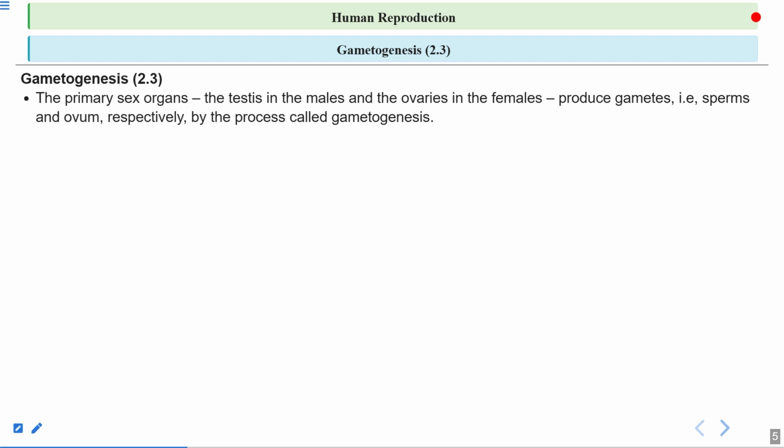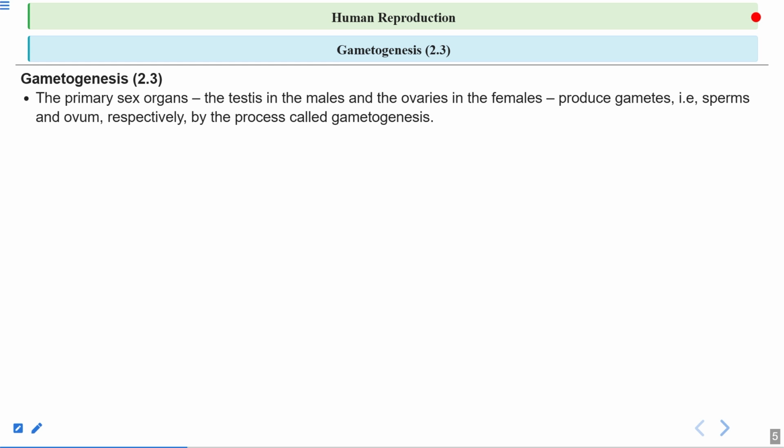The primary sex organ in males is the testes. There is a pair of testes in males, present in the scrotum. Why are the testes present in the scrotum? Because in the scrotum, a temperature lower than the normal body temperature is maintained.